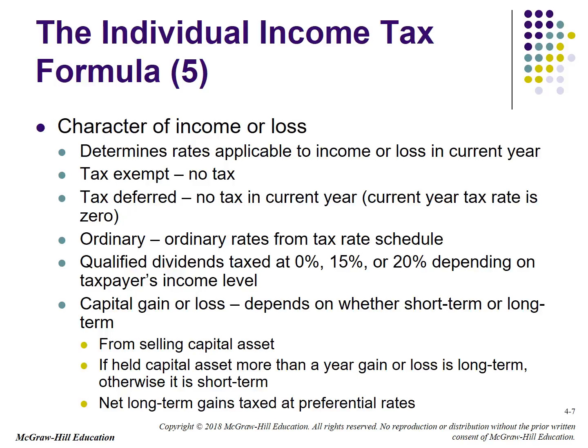Now, ordinary income is most income you earn or is involved in a business situation, and we'll be defining that more. But when you hear this term ordinary, that just means you use the normal tax rates to compute the tax. Dividends, special dividends called qualified dividends, and we'll explain those later on, are taxed at special lower rates. And so are certain capital gains or losses.